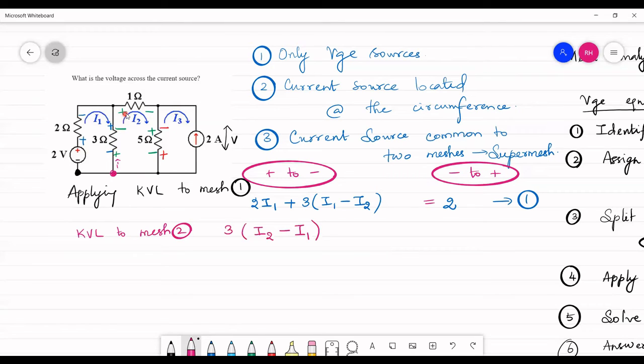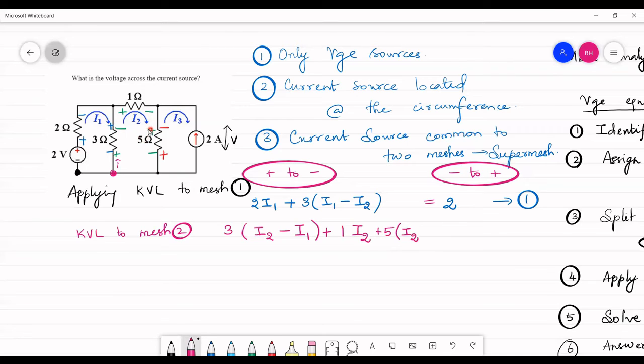Here you have different signs, take a note. And then after you cross this element, you come to the 1 ohm resistor and you travel from plus to minus. Remember this is our direction of rotation. So the voltage drop here is 1 into I2, as in this resistor only one current flows and that current is I2. Then again you travel from plus to minus and the voltage drop across the 5 ohm resistor is plus 5 into I2.